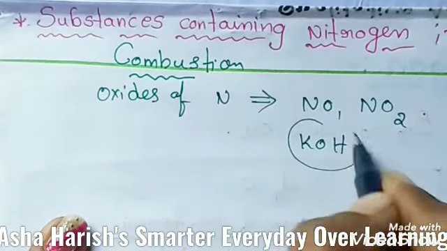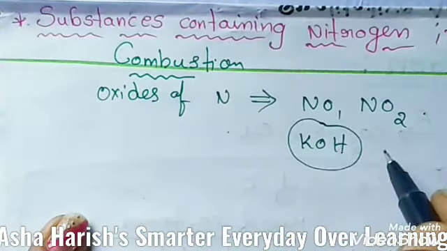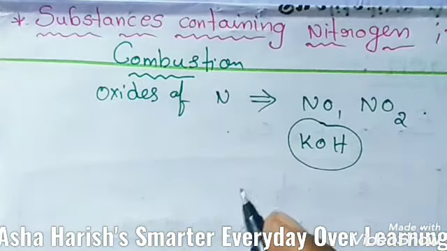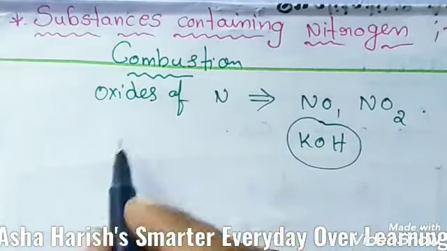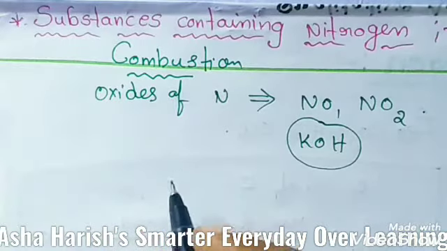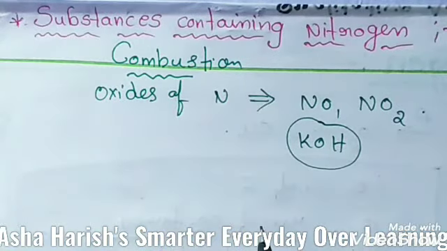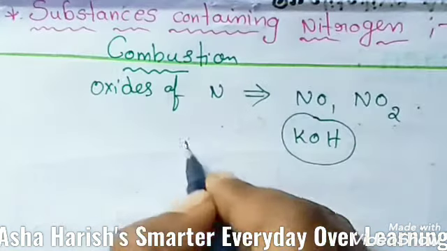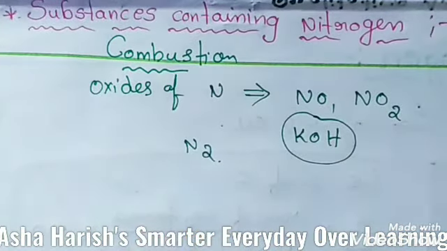In such cases, reduced copper gauze is placed near the exit end of the tube, as already shown in the figure, which reduces the oxides of nitrogen back to N2 gas.